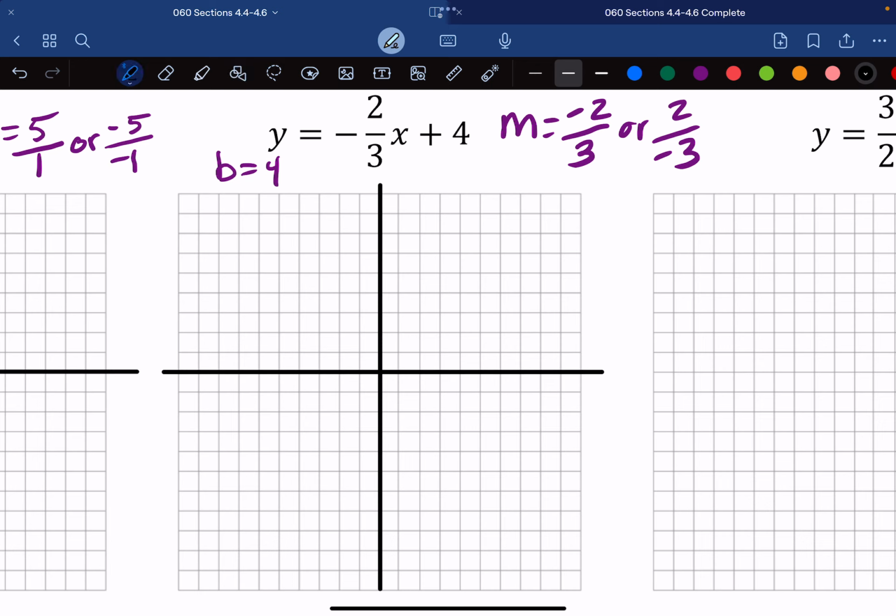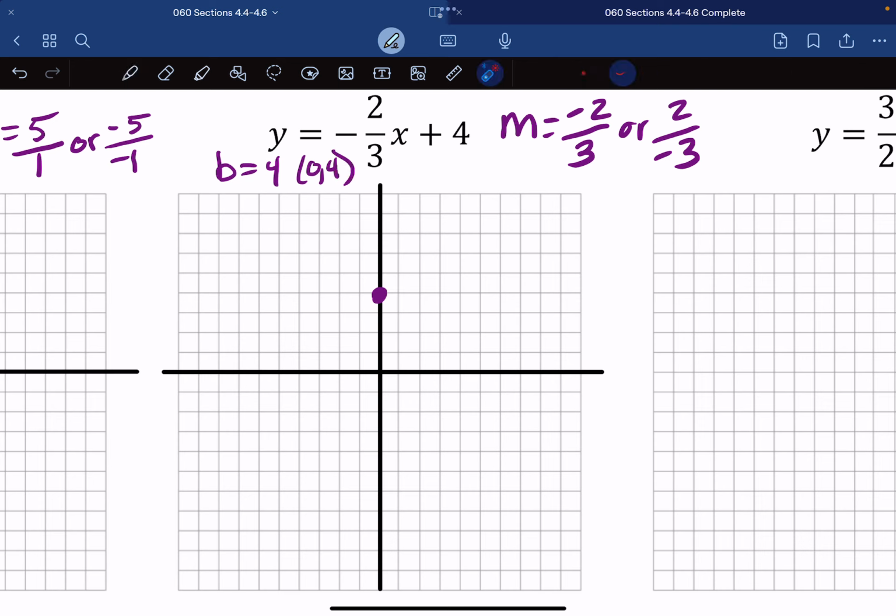So my starting point is going to be at b is 4, or where on my y-axis at 4. So I'm going to start at 0 at the origin, and I'm going to go to y equals 4. So when x equals 0, y will equal 4, because this is the point (0, 4).